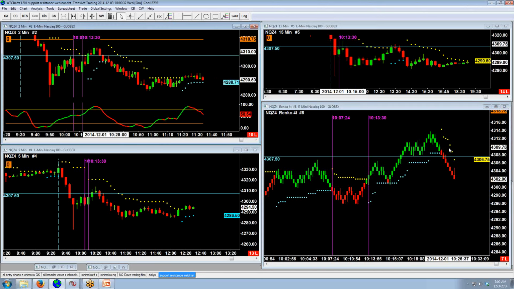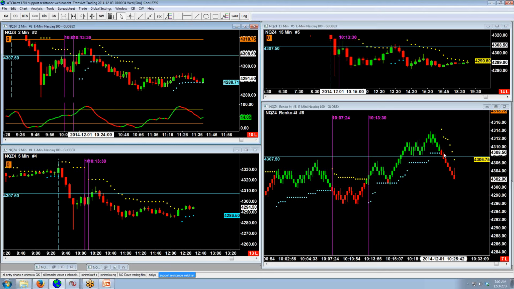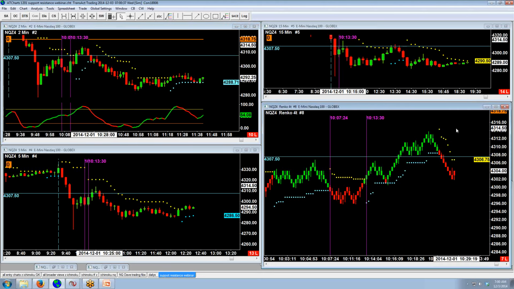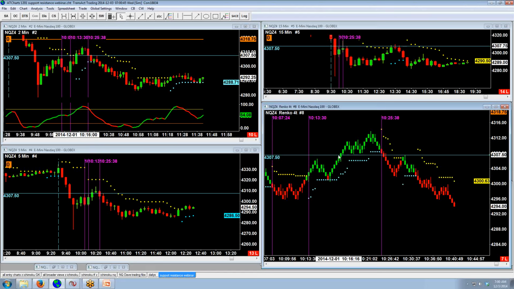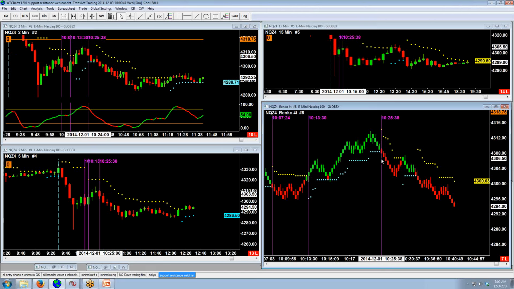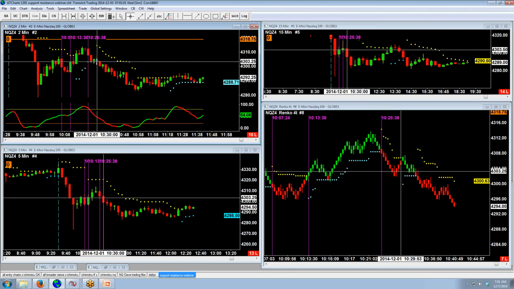Now on the way down here, I get a break of the dots here, and this is just one way, like I said, and this is using one setup that I use. So here you can see at 10:25 I get a break below, and I can look at my other charts, and I look over here, the 2-minute chart, and I can see I've got my super trend stop right here below me at 325.